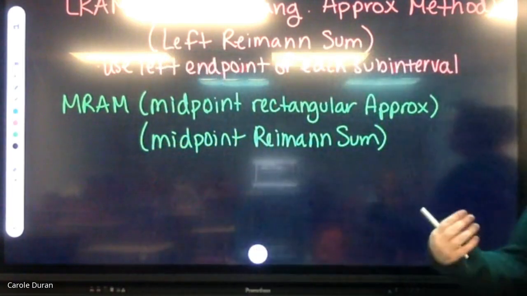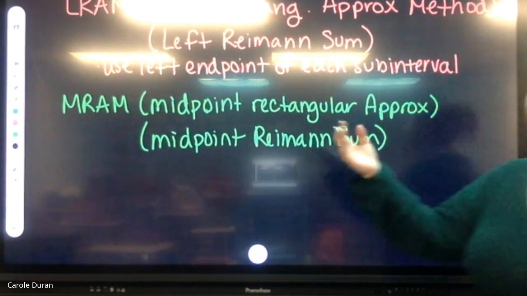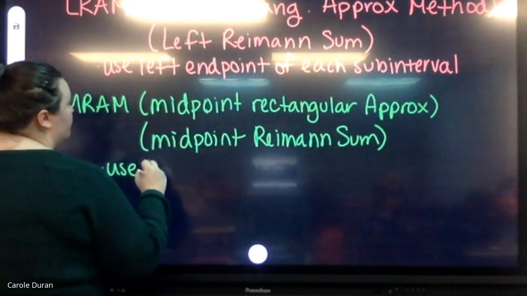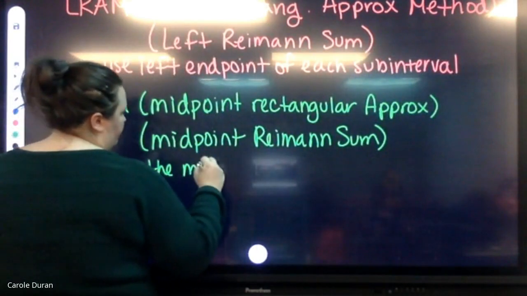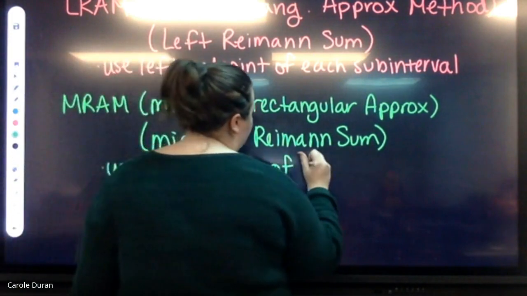So instead of using the left endpoint or the right endpoint of each subinterval, we're actually using the halfway point or the midpoint of each subinterval. And this will be what determines the height.